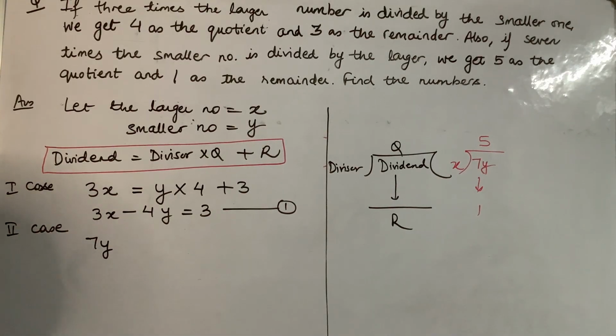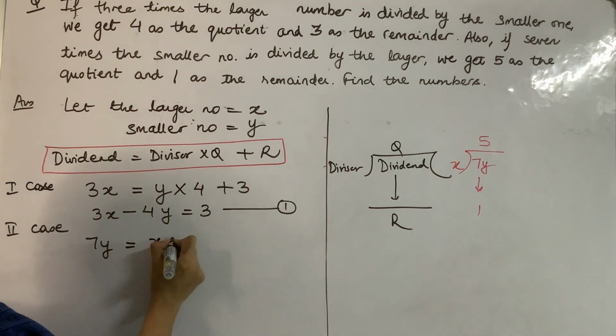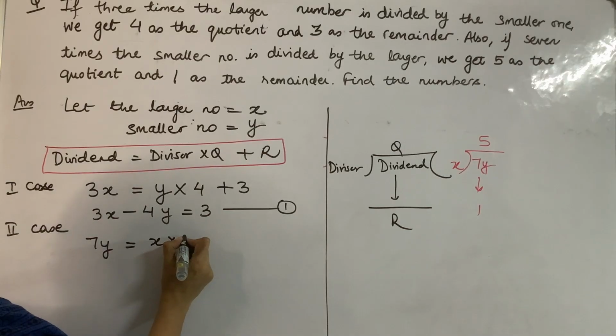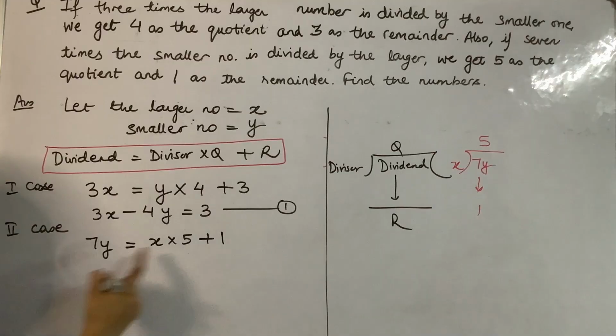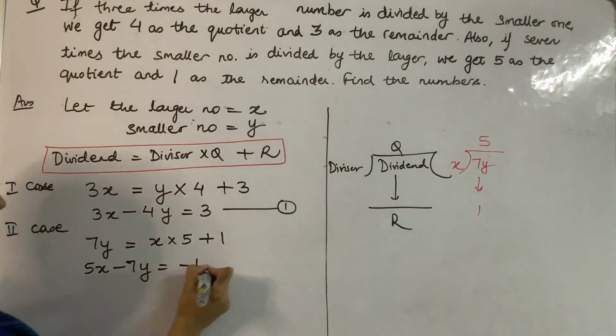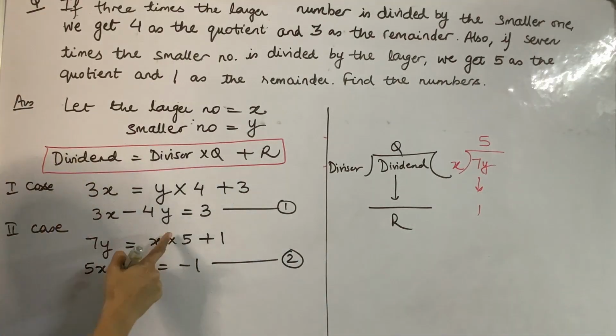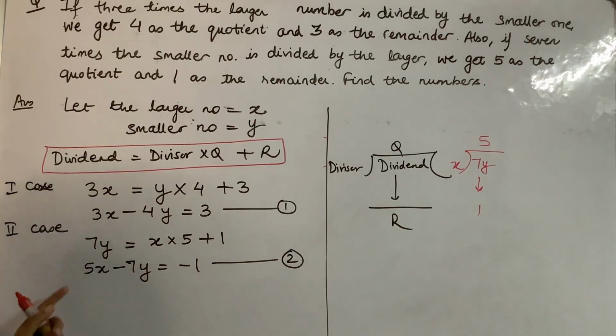What is the divisor? x. What is the quotient? 5. And what is the remainder? 1. So transpose it to the other side and you will get 5x minus 7y is equal to minus 1. Okay, so you have got two equations.